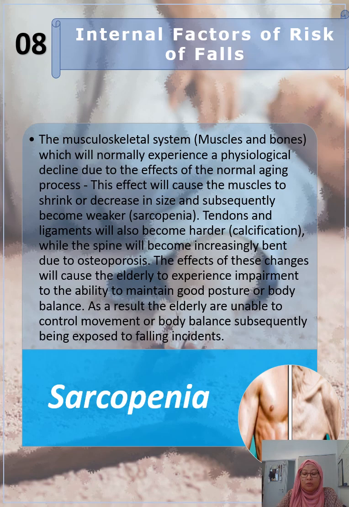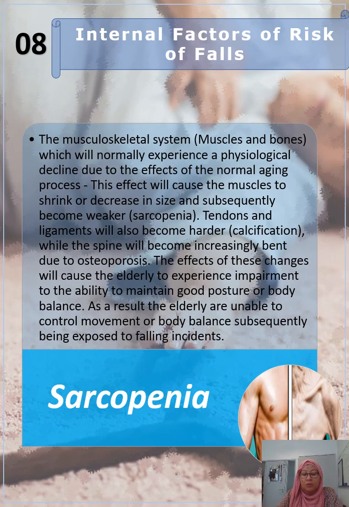Here we want to discuss the musculoskeletal system, the muscles and the bones, which will normally experience a physiological decline due to the effects of the normal aging process. This effect will cause the muscles to shrink or decrease in size and subsequently become weaker.